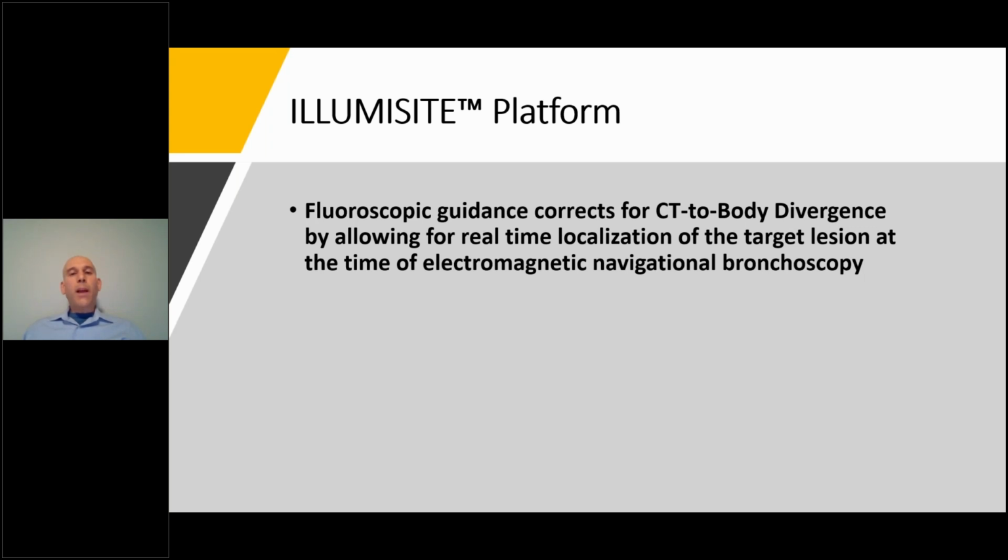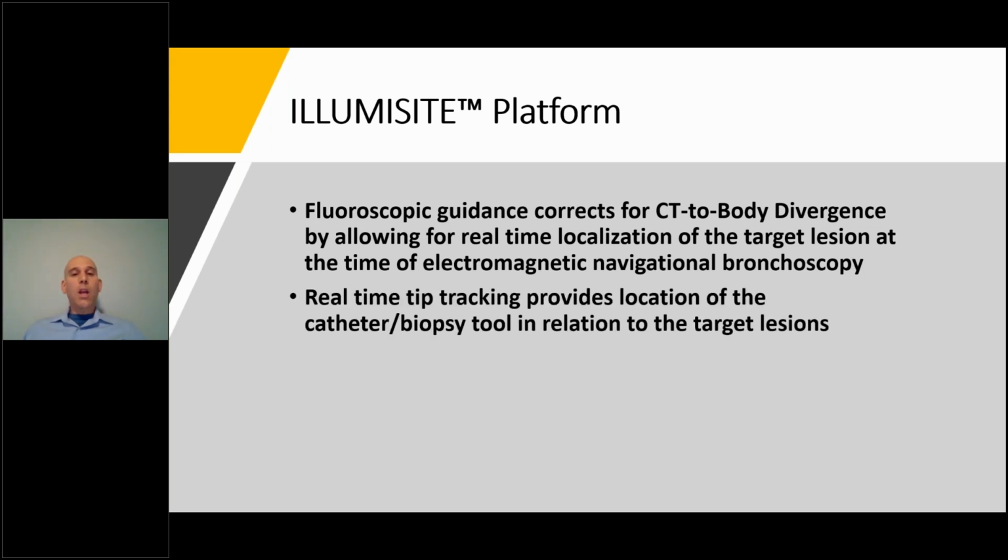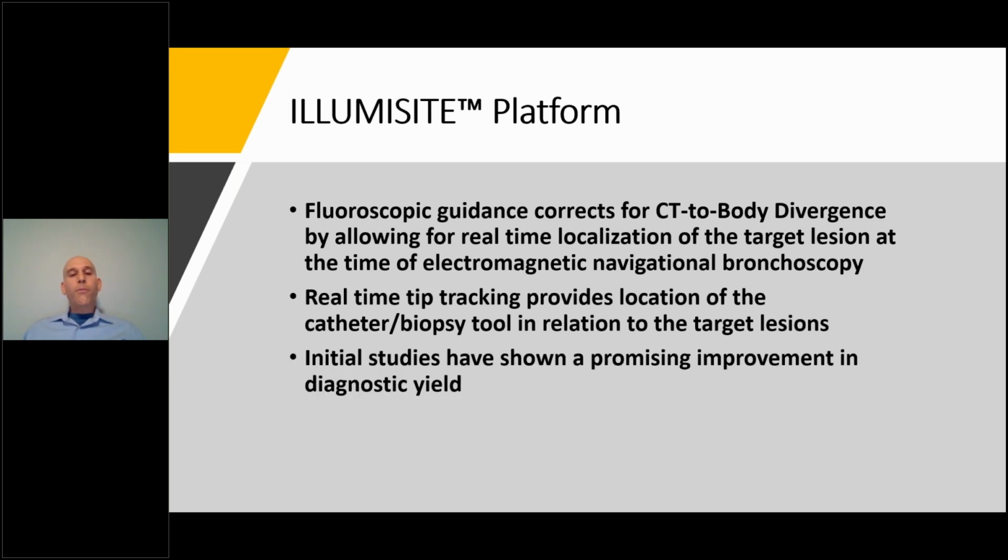And that's incredibly impactful to know that you have the lesion localized and then can make the minor manipulations to help successfully biopsy the lesion or place markers around it. Additionally, it has the ability for you to get some real-time feedback, so you know what your biopsy tool is doing in relationship to the lesion. You know what adjustments you can make and need to make in order to get that confirmation of diagnosis for your patient.